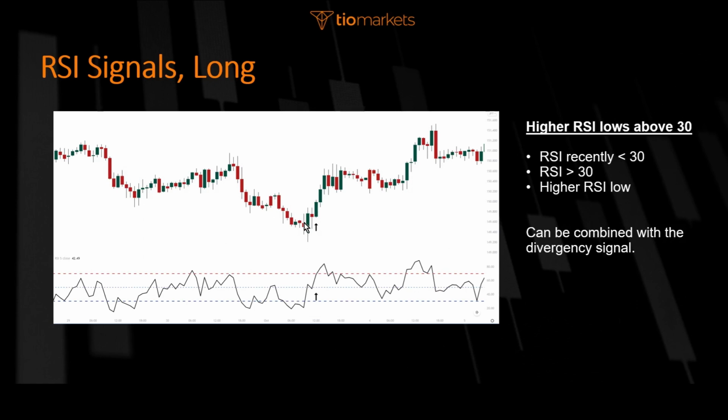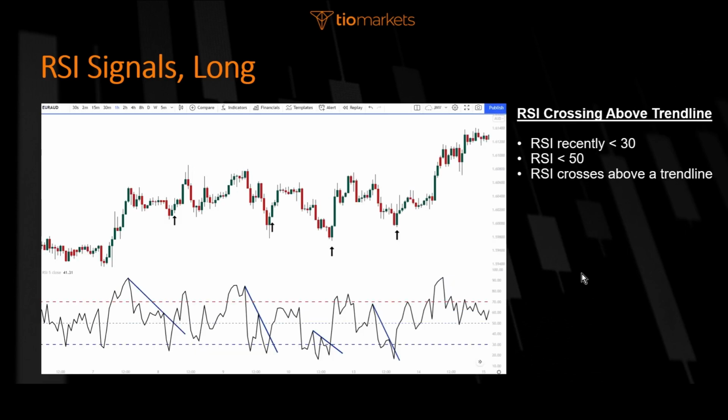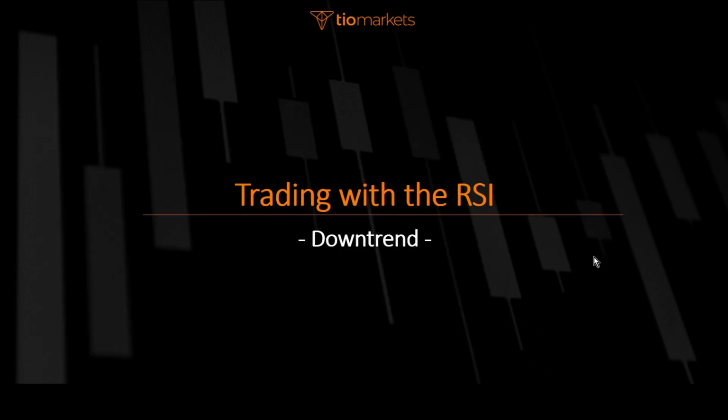Now this is not exactly an uptrend here, obviously, but if you see this signal in an uptrend, then it's a valid signal. And then RSI crossing above trend line, whether it's a range or an uptrend, you can use these signals in both those market regimes.